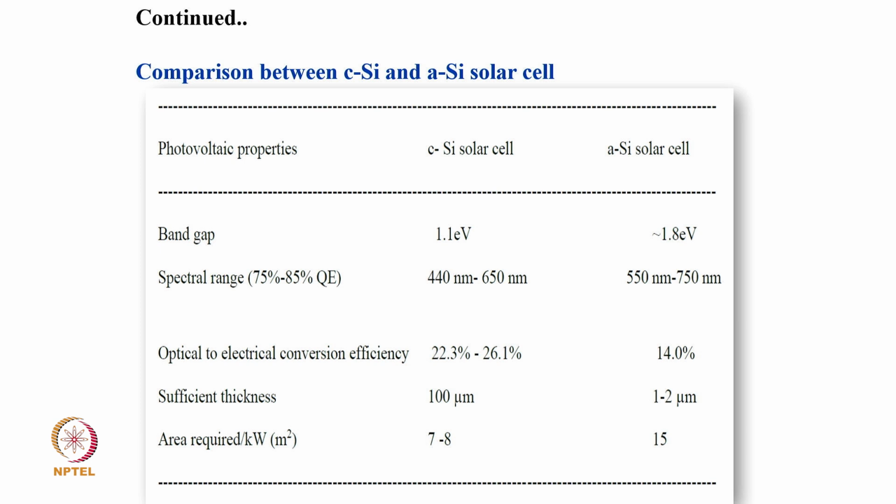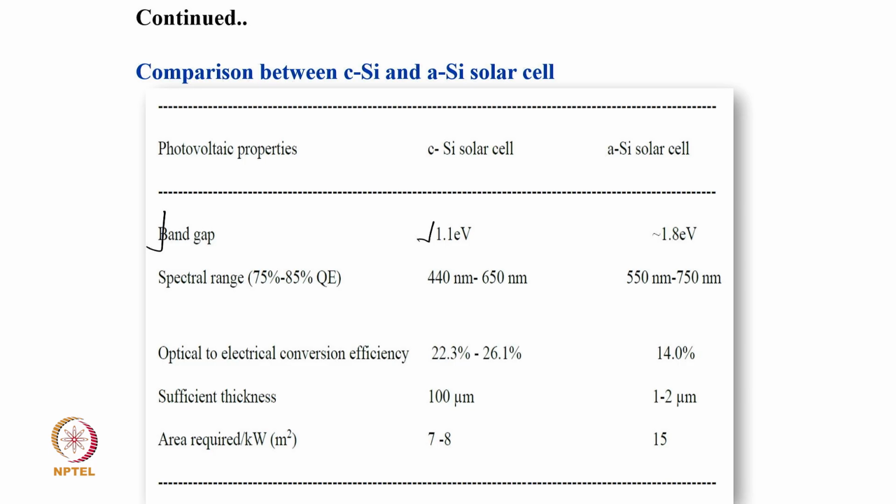So this is the crystalline silicon solar cell, this is the amorphous silicon solar cell. If you look at the properties, first look at the band gap. Crystalline silicon band gap is 1.1 electron volt, which is a smaller band gap, and therefore a lot of light cannot be absorbed.